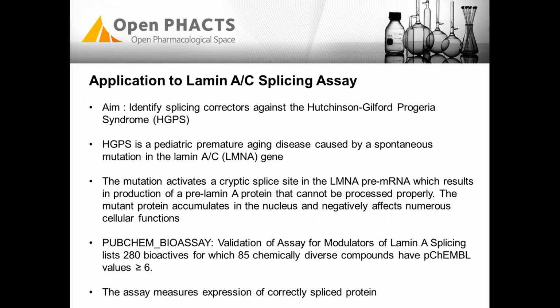So now let's apply this to the Lamin AC splicing assay. The aim in this assay, which was done at NIH, is to find splicing correctors for premature aging disease, which is caused by a mutation which opens an alternative cryptic splicing site in the Lamin AC gene.